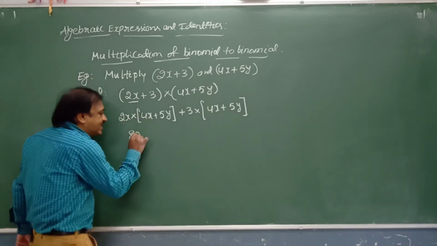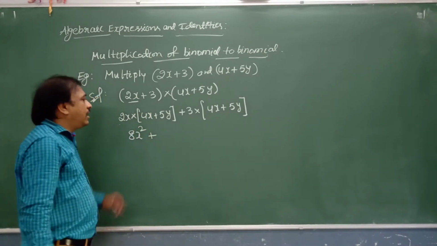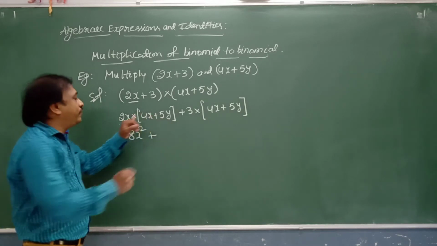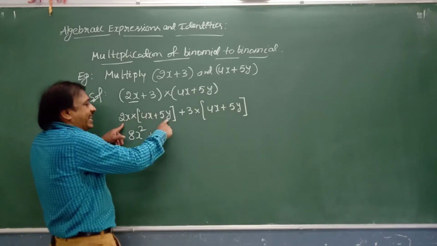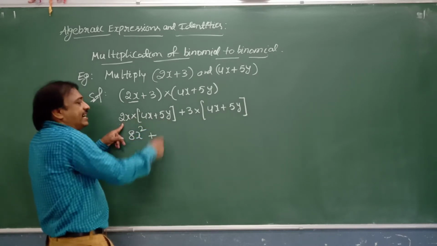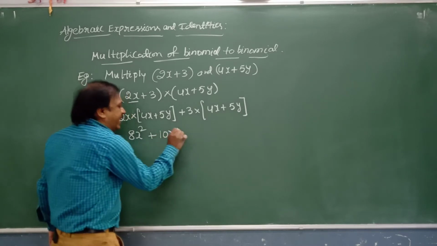So 2 into 4, 8. x into x, 8x square, plus 2x into 5y. Observe it. 2 fives are 10. x into y, 10xy.